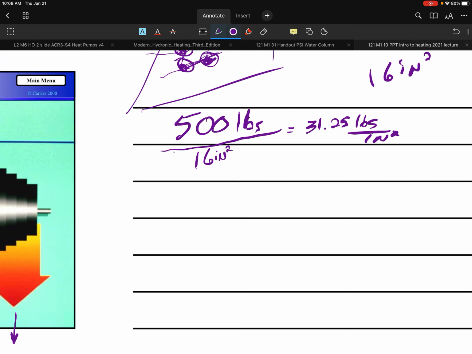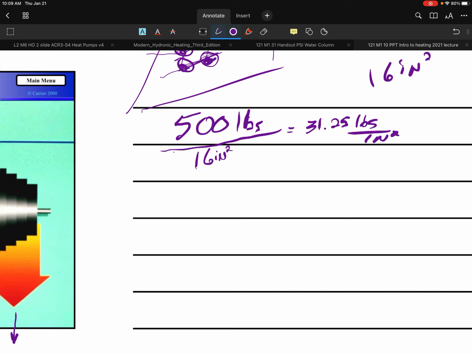Now, that may not seem like a ton of pressure, but whatever structure you're putting it on has got to be able to handle that much pressure.